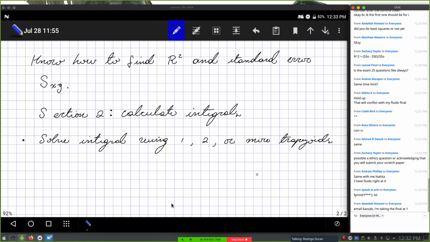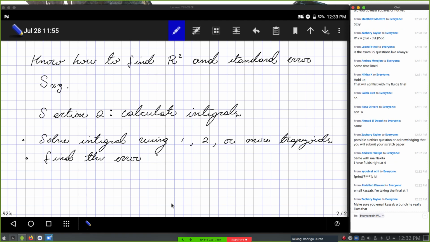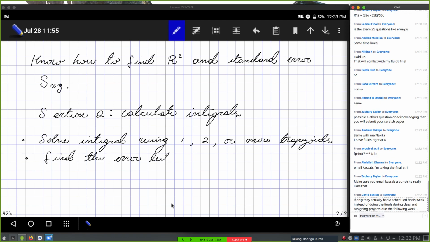So yeah, you will solve an integral using a single trapezoid or multiple trapezoids. So you have to make sure you know how to do that, using one trapezoid, two trapezoids or more. Then you have to know how to find the error between trapezoids.